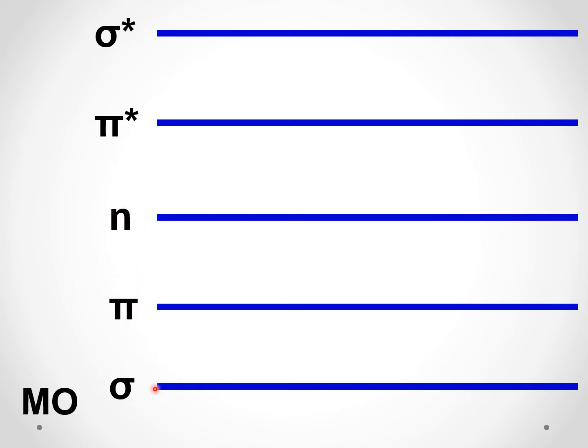They can only move from the sigma level to the sigma star level. Why? Because the symmetry of the orbital should be comparable. Only then can the electron move from one orbital to another.